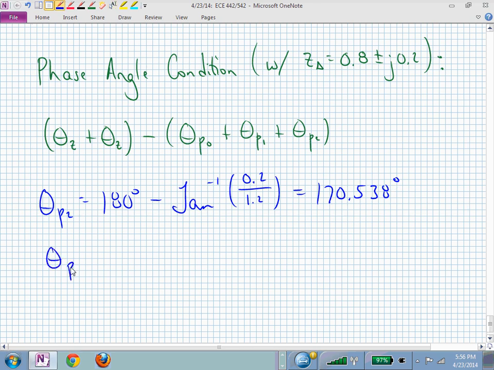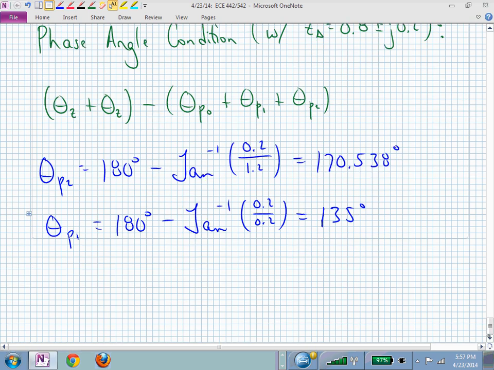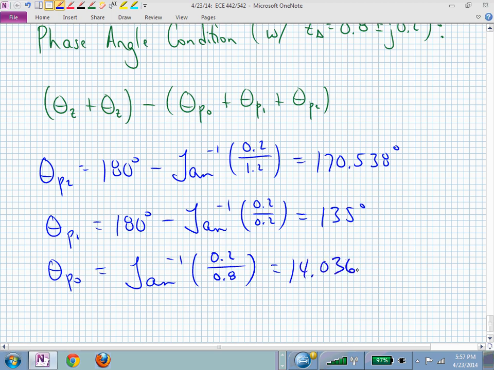Theta p1, by the way that I selected the triangle, I'm going up 0.2 and over 0.2, and that again ends up being 135 degrees. And theta sub p sub 0 is now looking from the origin to the triangle, and this one goes up 0.2 and over 0.8, and this one is 14 degrees.